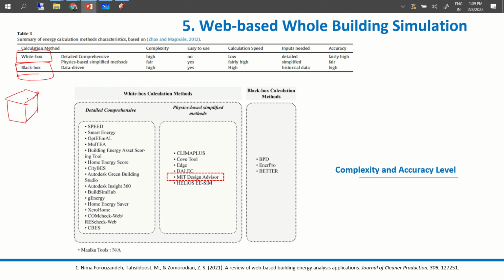So we have a building, we give input data, and we get a result. So what is the model adapted? If we modify the model, can we have control on the parameters of the model? Some of the tools do not have that, some of the tools do.